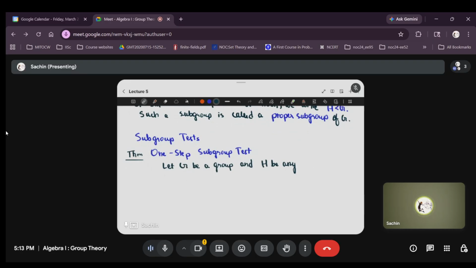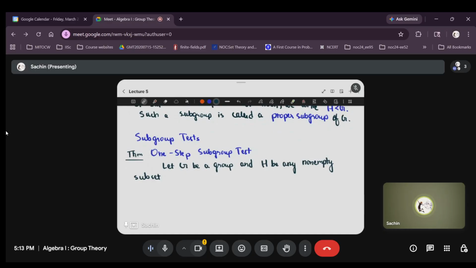So any non-empty subset. An empty set can't be a group. A subgroup is also a group, it's just that it's a subset of a bigger group. And in a group, we always need the identity element. So a group can't be the empty set. In the test, we assume that the subset you're taking is already non-empty. If it is empty, it can't be a subgroup.